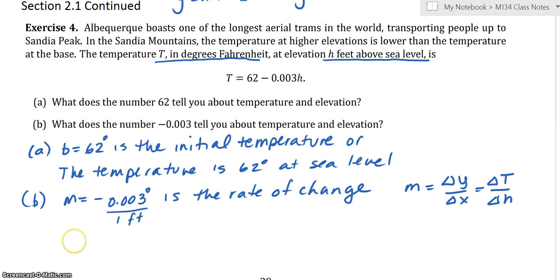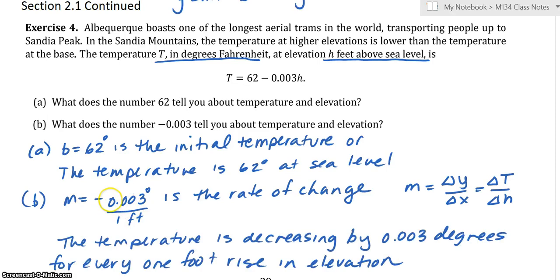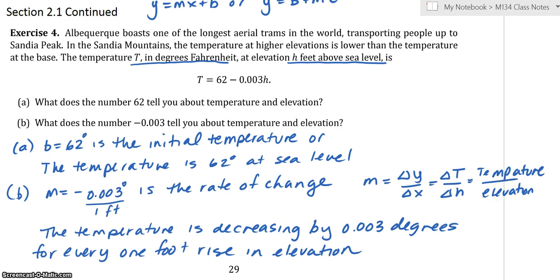So, if you want to be more fancy, we know that this means that the temperature is decreasing by 0.003 degrees. This little symbol means degrees, or you could just write it, for every 1 foot rise in elevation, since the delta x is the elevation. Again, this is the temperature, and the denominator is the elevation.